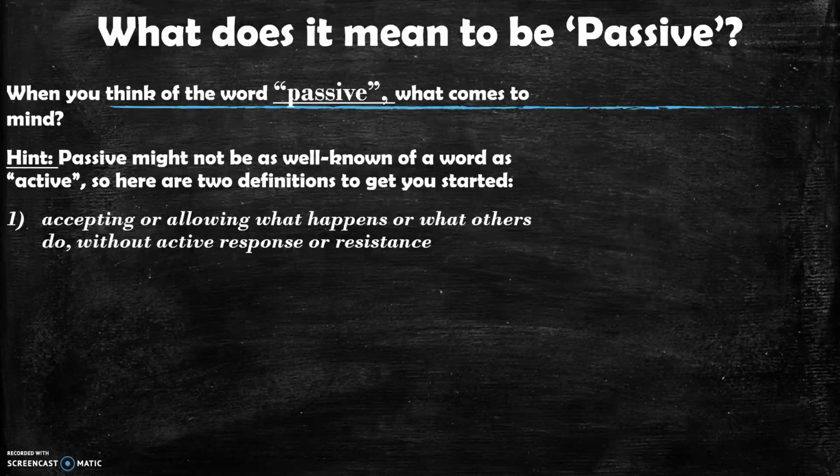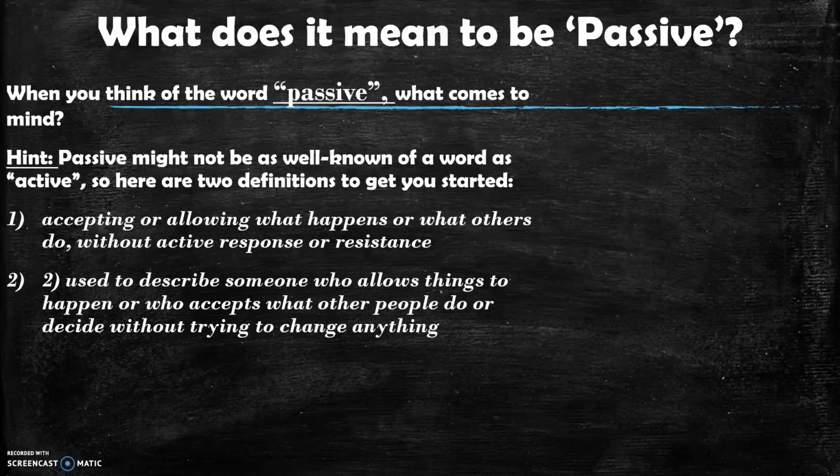One, to be passive means to be accepting or allowing what happens or what others do without active response or resistance. Also, it can be used to describe someone or a character who we might be reading about, or sentences that we are going to be identifying, that allow things to happen or accept what other people do, as opposed to trying to change anything about their situation.